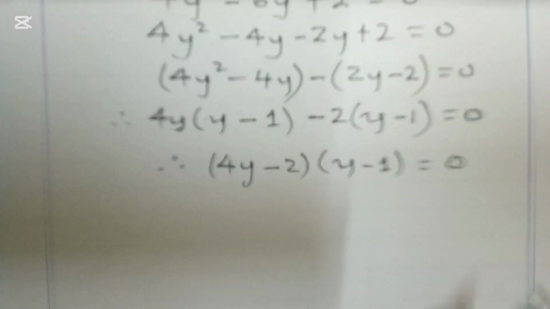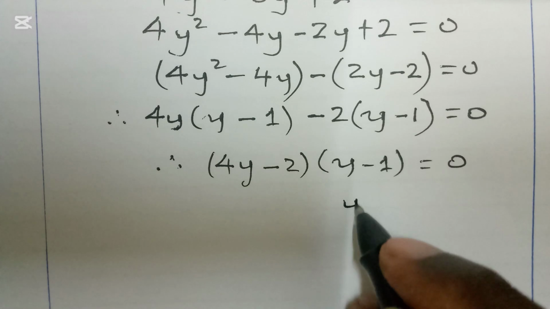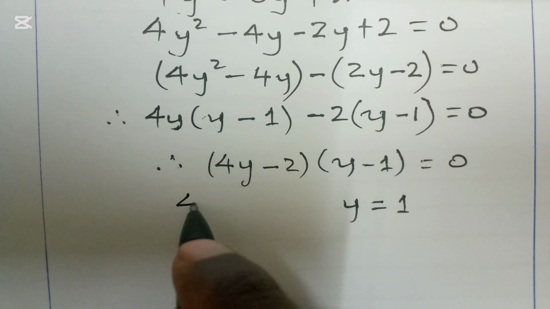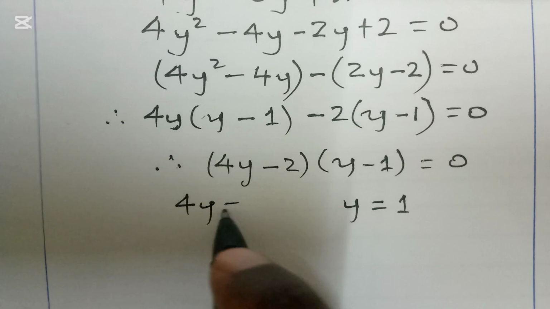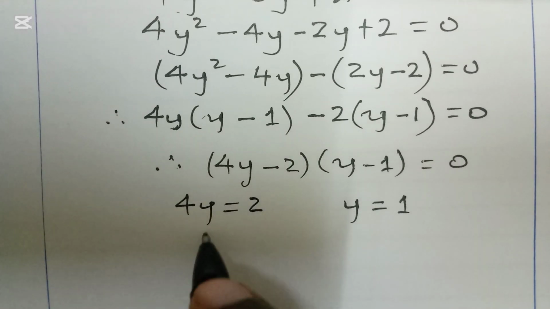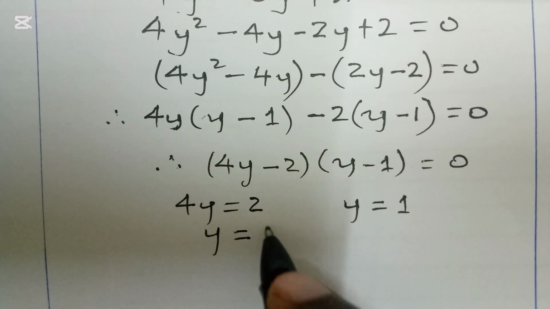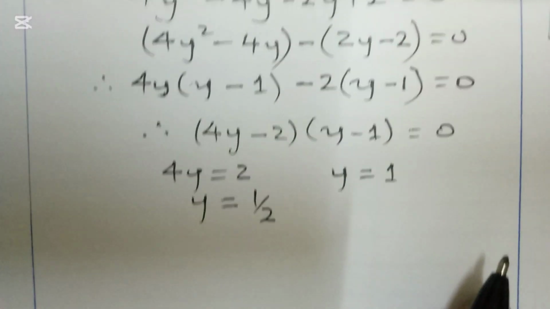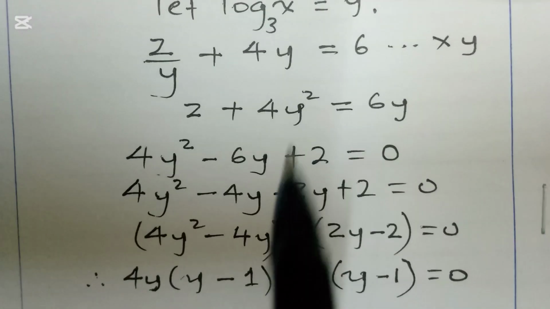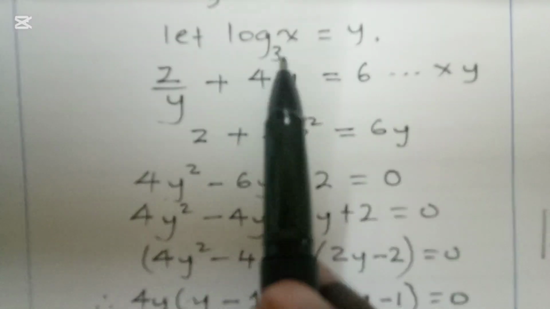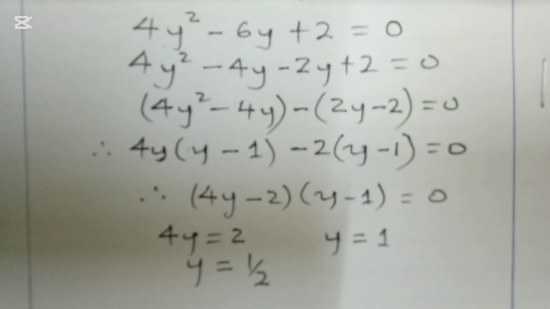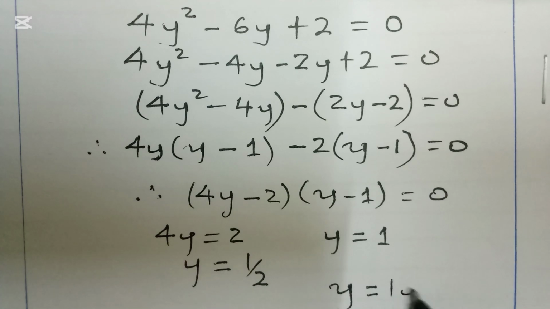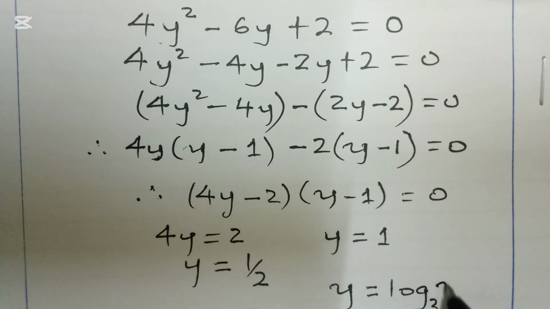Therefore we have y equals 1, and on this side 4y equals 2, then y equals a half. Those are our solutions for y. We go back again to our equation, where y equals log to base 3 of x.